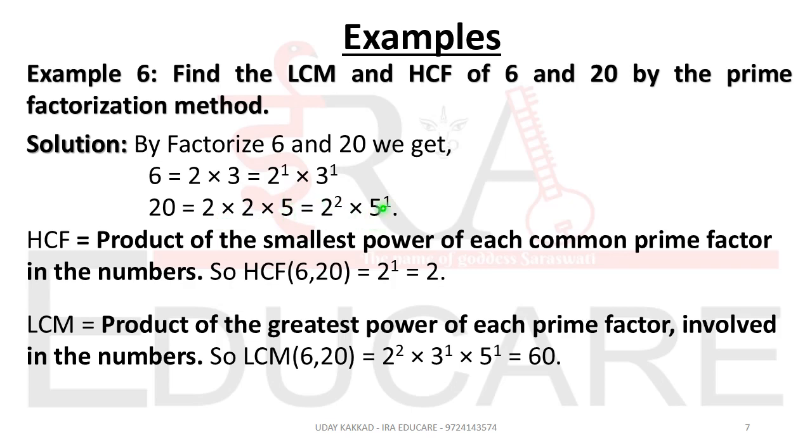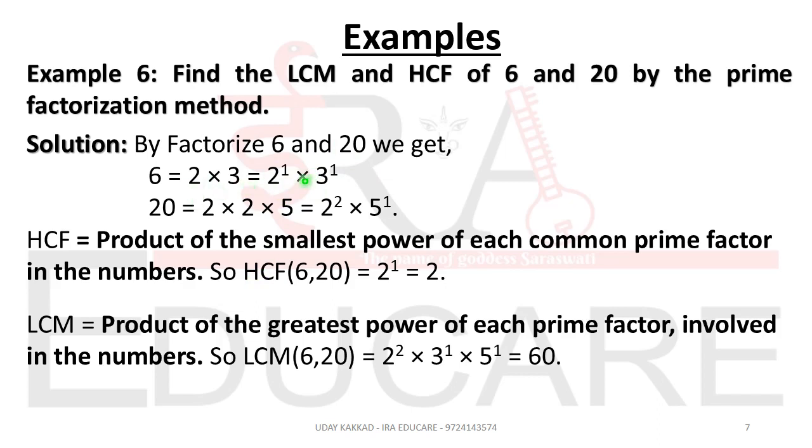Now remember this thing: HCF is the product of the smallest power of each common prime factor in the numbers. So when you find the HCF by this prime factorization method, you first factorize the numbers, like 6 and 20.